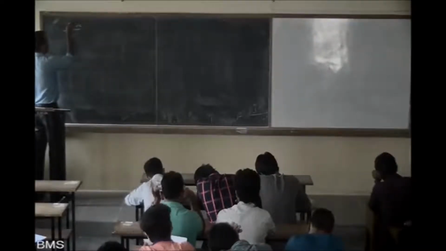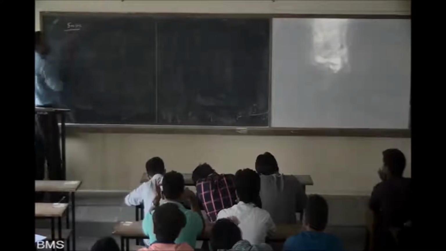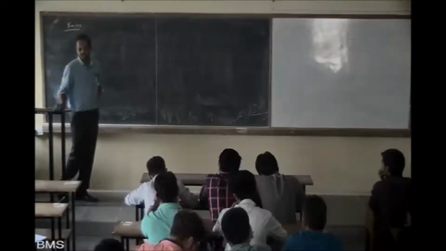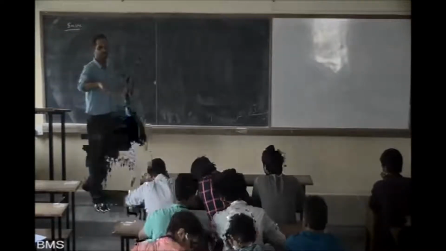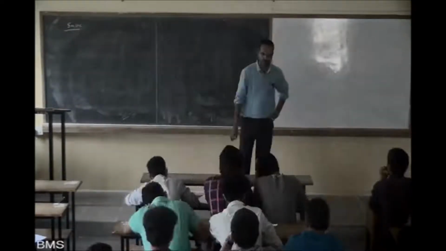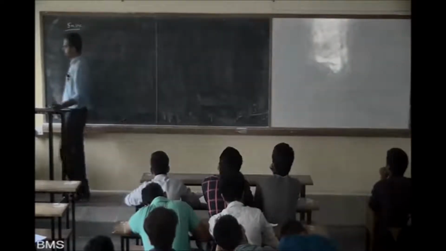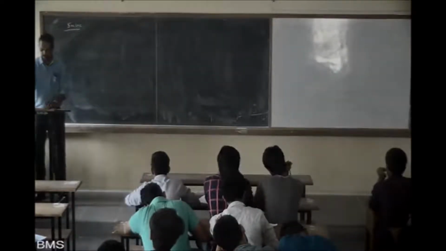Whatever we are discussing today is all about time delay calculation. Using timers, how can I calculate the total time delay? So how do we generate a 5 millisecond delay using timers?